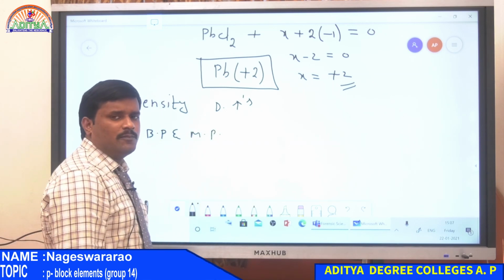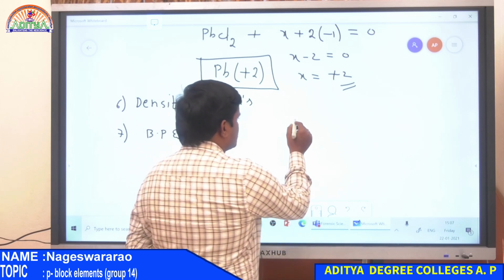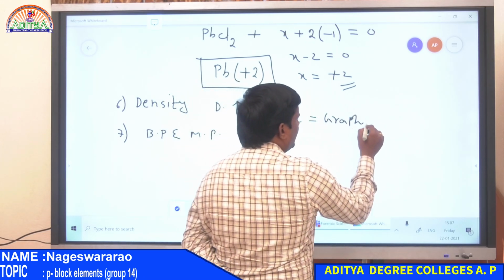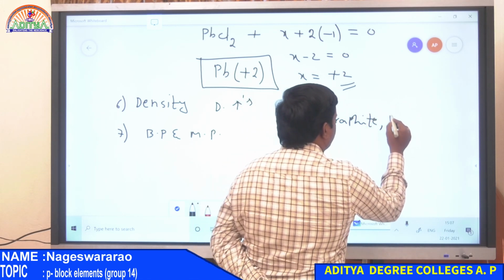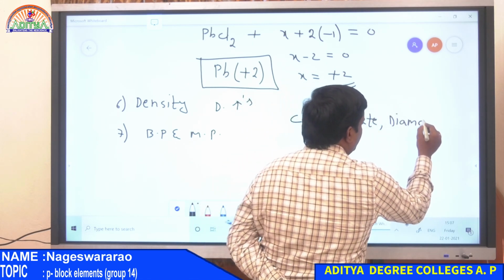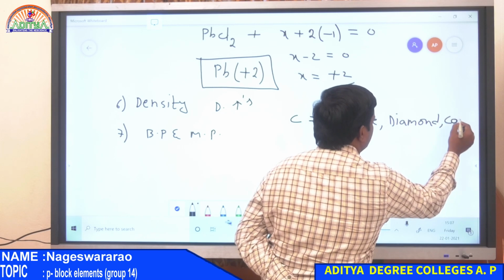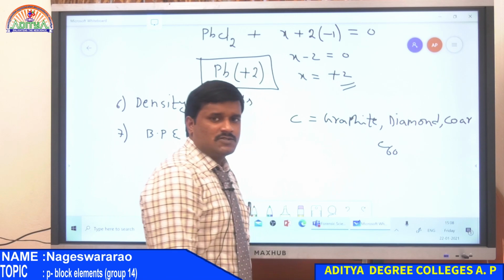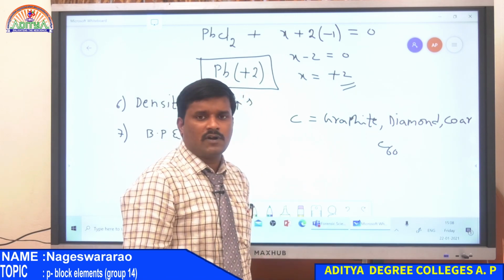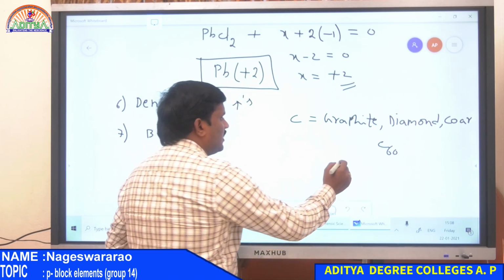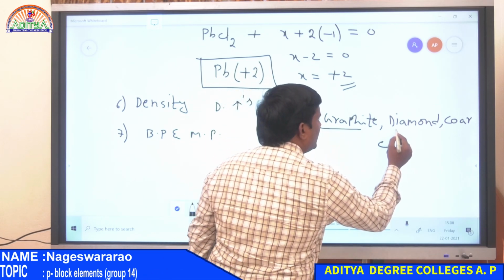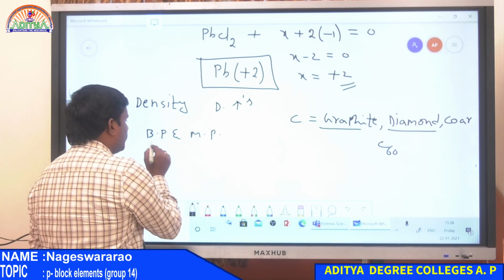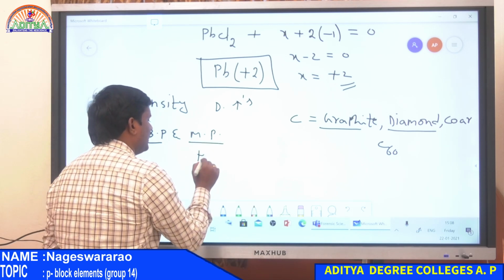Boiling and melting point. Carbon is available as graphite, diamond, coal tar and C60 fullerenes. All these are allotropes of carbon. In these allotropes, graphite and diamond are both very hard, therefore the melting and boiling points are very high.